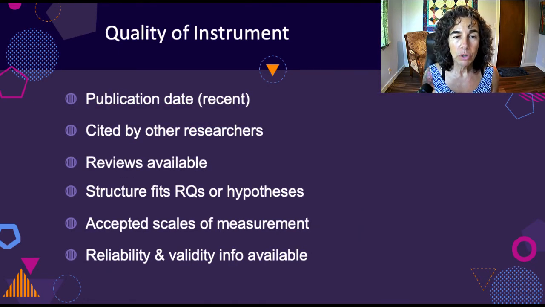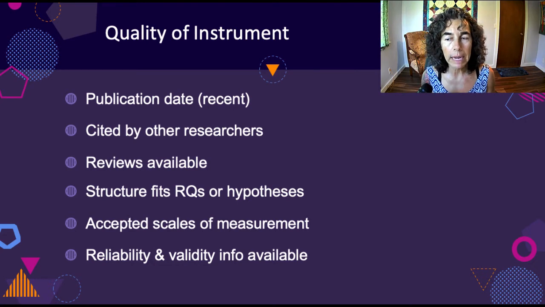We're going to dip in just a little bit to the quality of the instrument, right? So we want a recent publication date, or for some instruments, they've been around for a million years. They're really great. They don't need to be reinvented, but we want the norms to be updated on them.